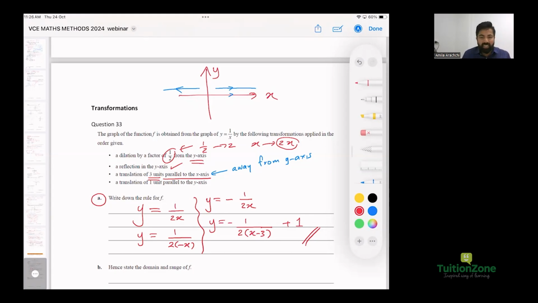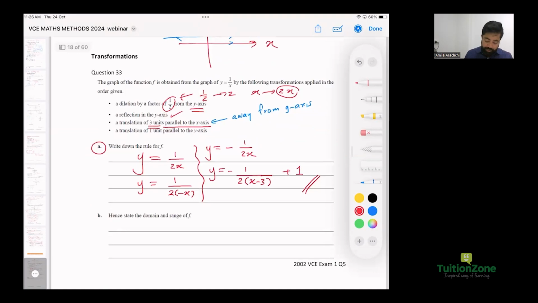Sometimes they say 3 units in the negative direction. In that case, indirectly they say it's negative 3. There are a few ways of saying it, but don't get confused.